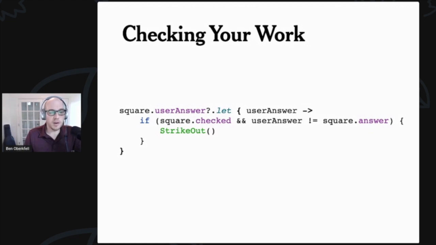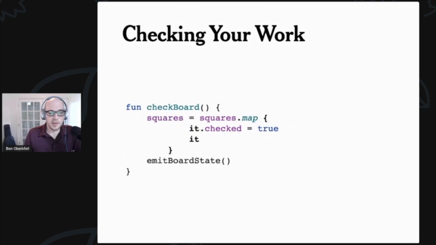So again, in our check board, we're going to add this method onto our view model. This is just going to add that checked property, making it true on each of the squares. This is also going to update that list of squares so it shows as a change to emit when the state changes.